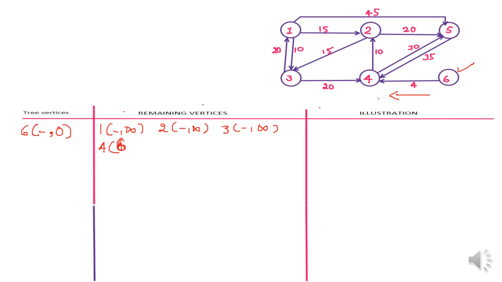Near vertex you have to choose from the tree vertices, 6, and the distance is 4. From 6 you can connect to 4, the distance is 4. And 5 is not making any edge with 6, so it's blank and infinity. So among this, which is having minimum distance?